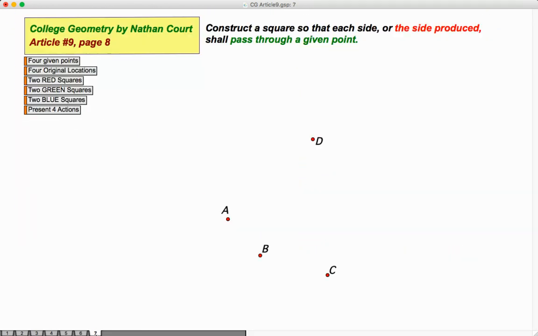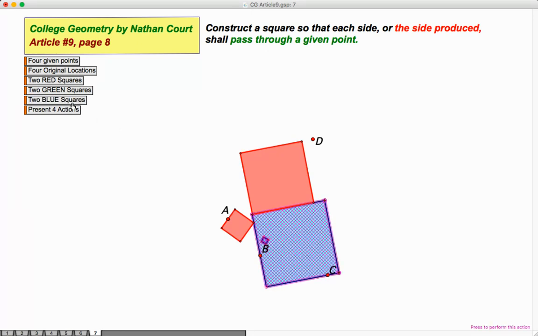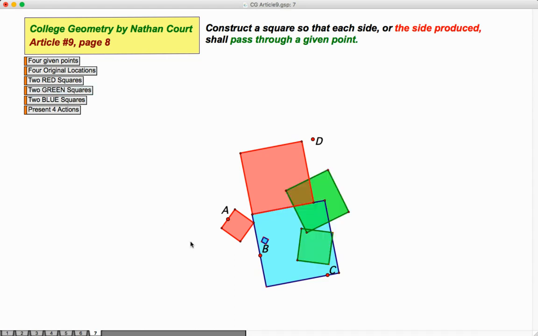Here it is. So here are the 4 given squares. And let's consider 2 more squares, the blue squares, and the green squares. Okay, so 2 red squares, 2 blue squares, one is almost inside that one, and then 2 green squares, okay?